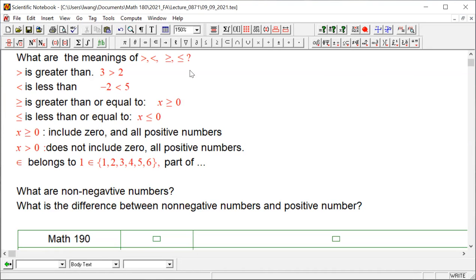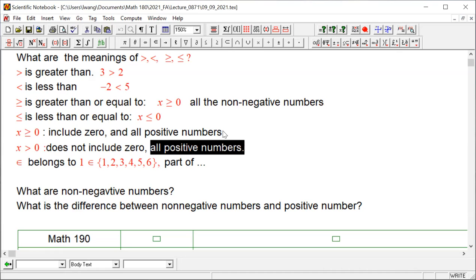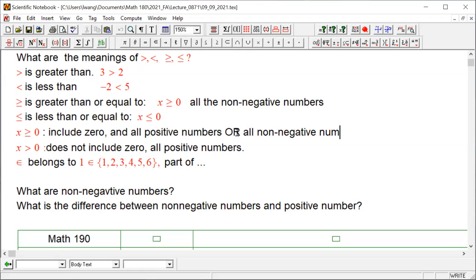These mean all the non-negative numbers. Even though that question is answered, this is all positive numbers, and this means all non-negative numbers. And you can see these two symbols are not entirely the same.